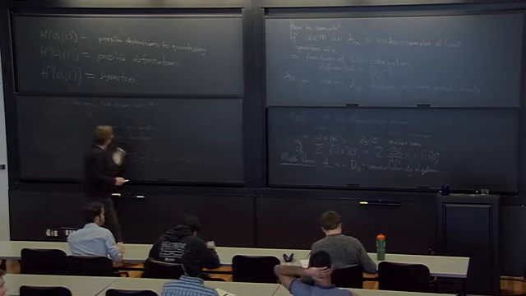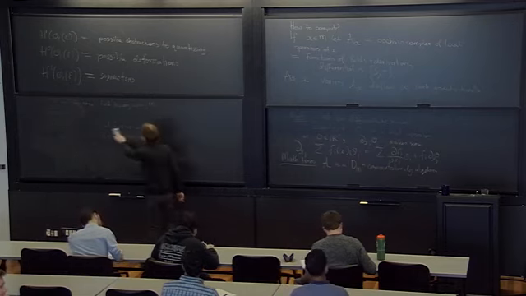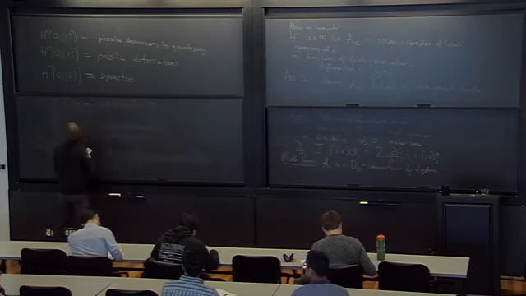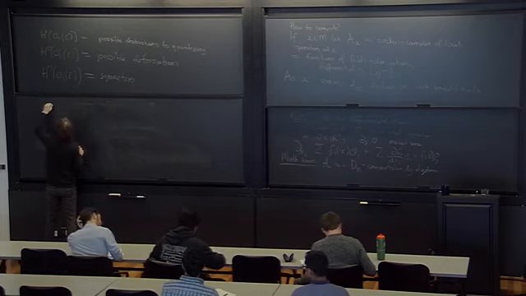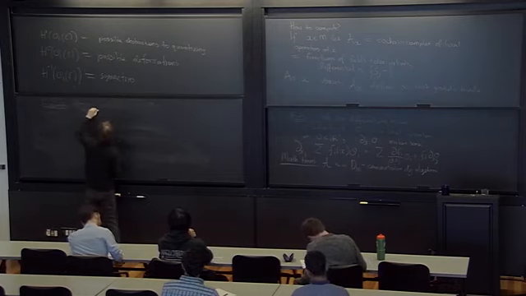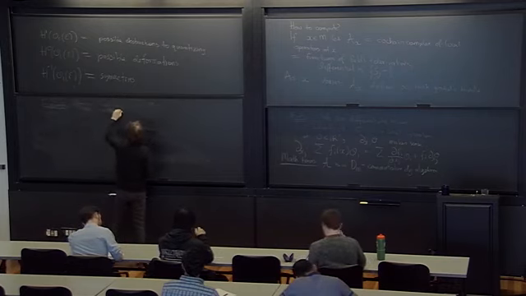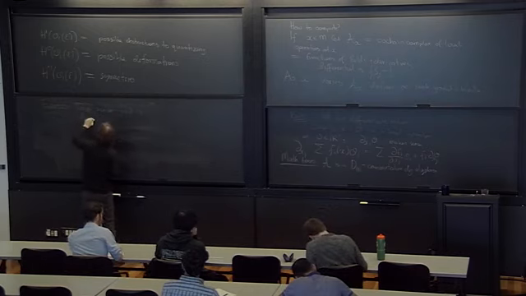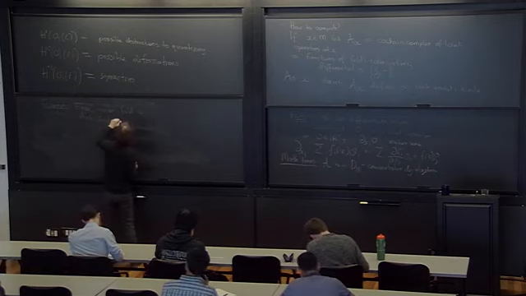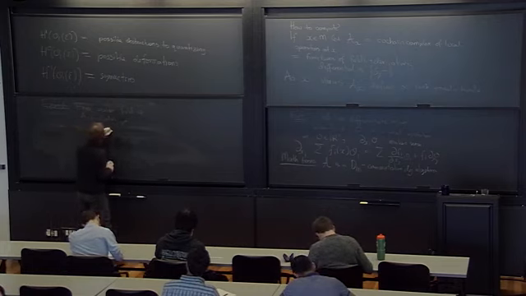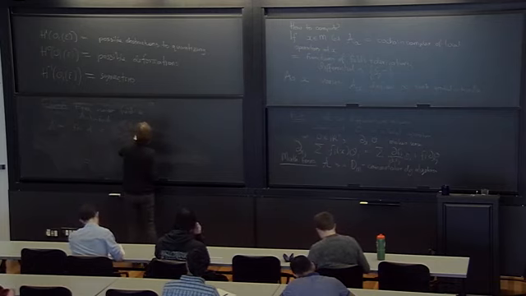So maybe let me write down one example just so we are not completely lost. Take the example of the free scalar field, phi, and this has its antifield, phi star. So A is going to be given by functions of phi, phi star, and derivatives.